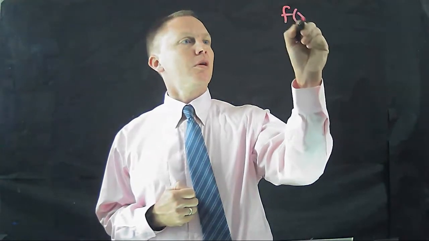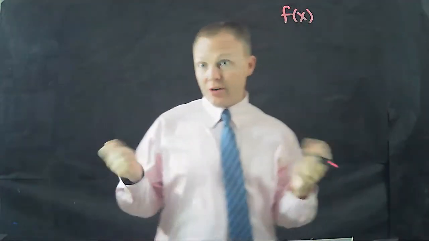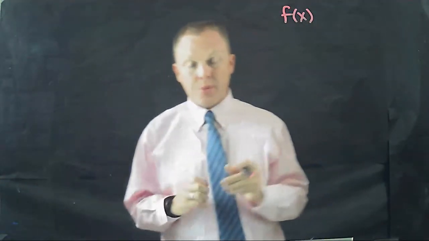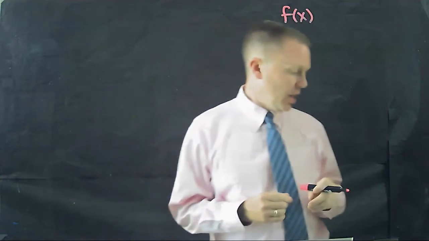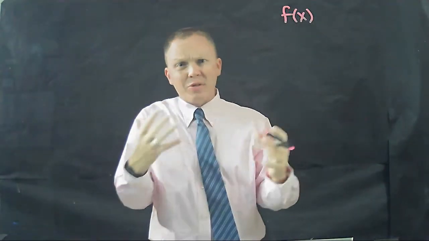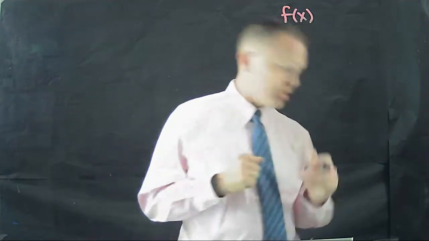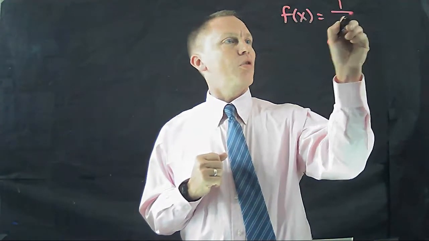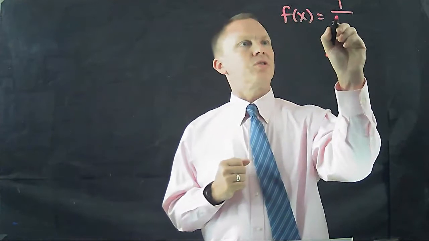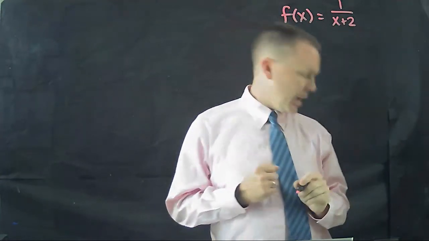Okay, so our next example, we're going to use the other technique, which the book calls equation 3.6. And honestly, you probably need to just be comfortable with both of these. So I'm going to give you a new function here. Let's say it's f of x equals 1 over x plus 2. Okay?